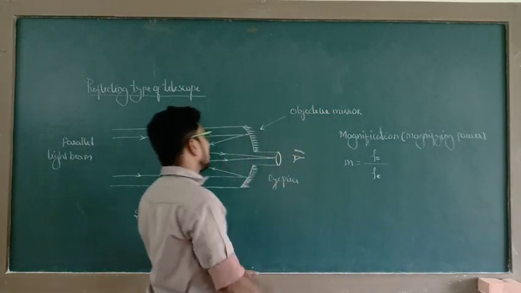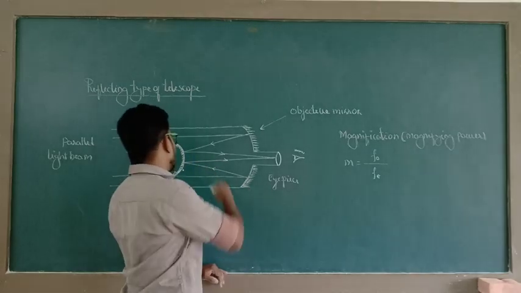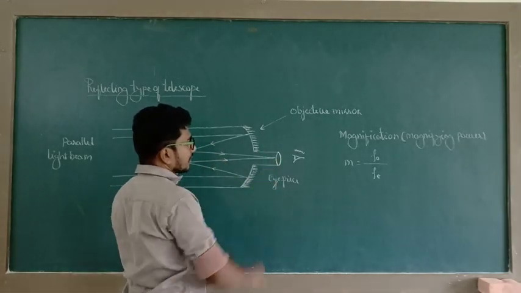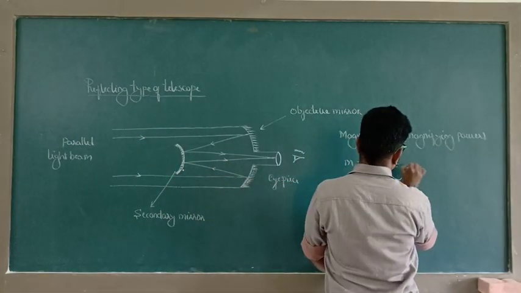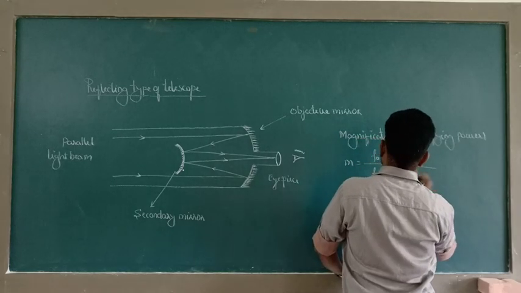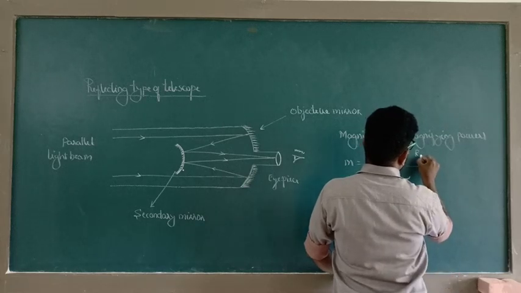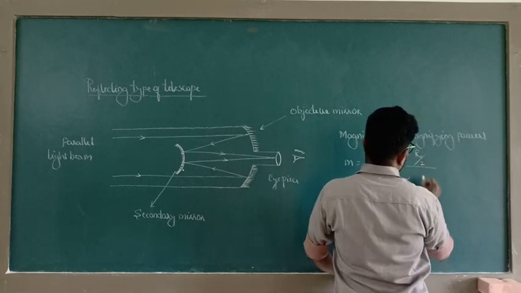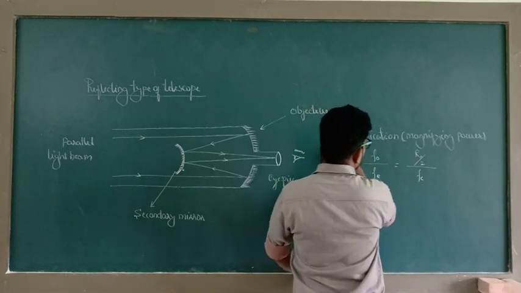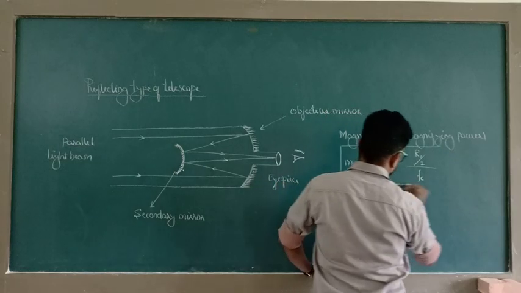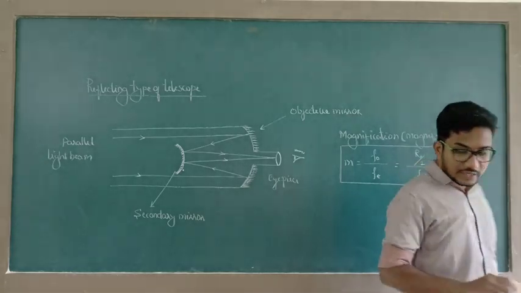That means the focal length of this objective mirror divided by the focal length of the eyepiece. So this is equal to, we can write f is equal to R by 2. So this is the expression for magnification. There is no derivation about this expression. Just recall this expression.